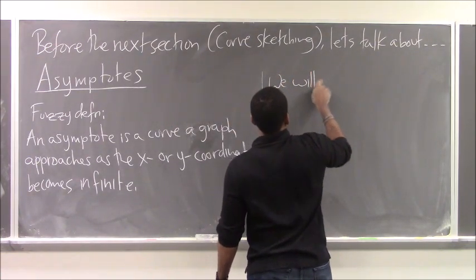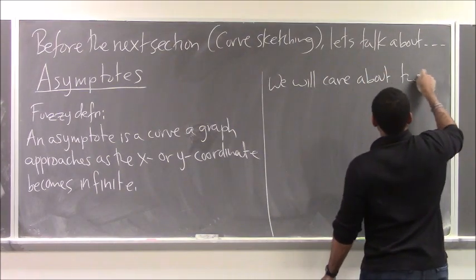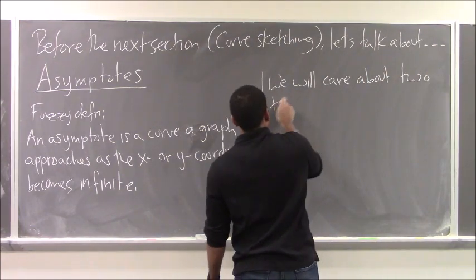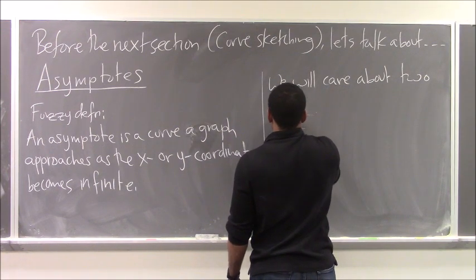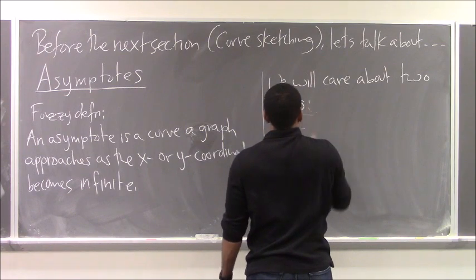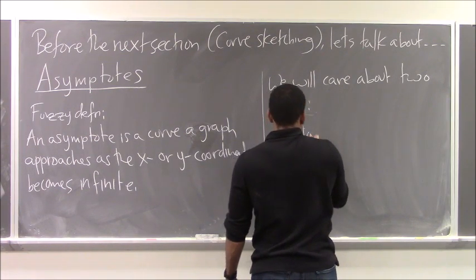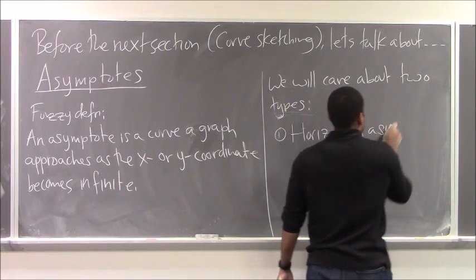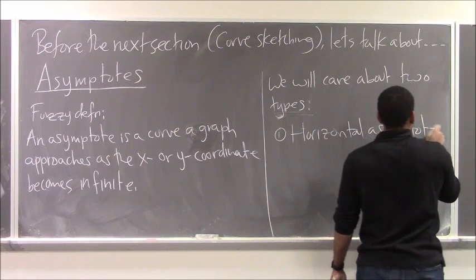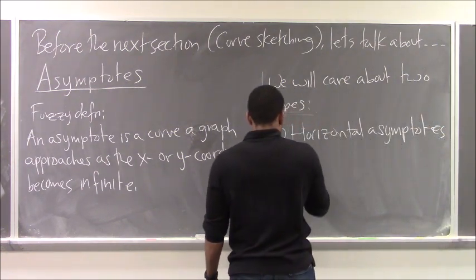We will care about two types specifically. We will care about one, so-called horizontal asymptotes, and two, vertical asymptotes.